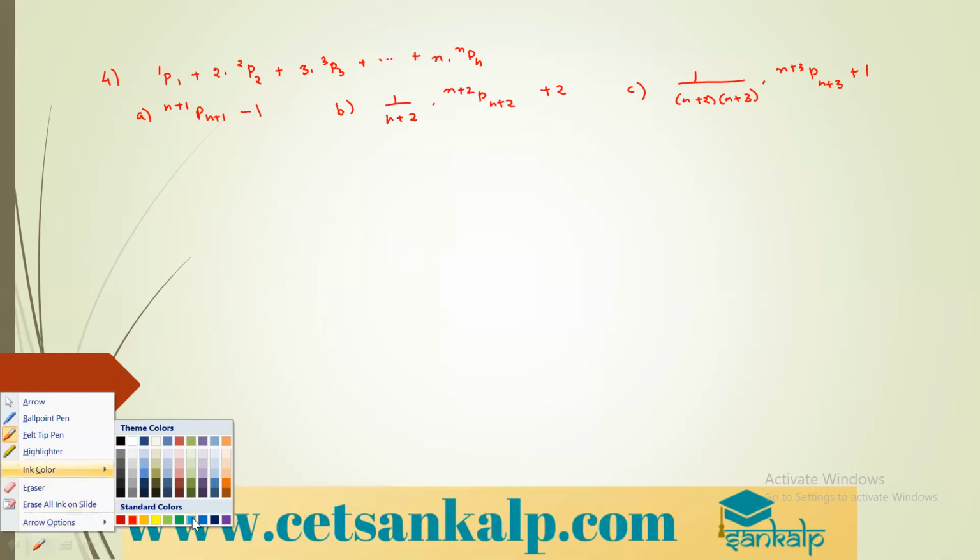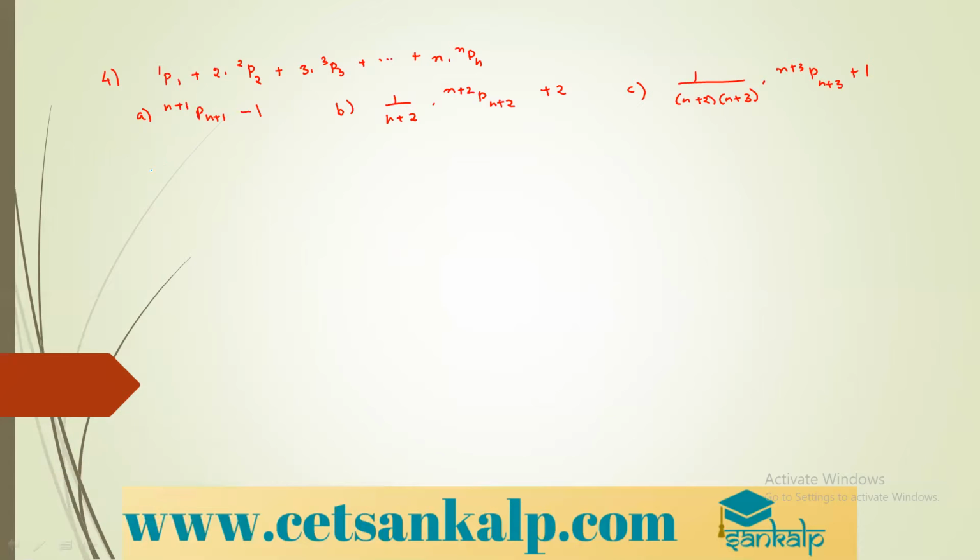We will see. What I will do is, I will write the first one as 1 into 1 factorial. Then I will write 2 into 2 factorial, because 2P2 is 2 factorial. 3 into 3P3, that is 3 factorial. And so on, n into nPn is n factorial.